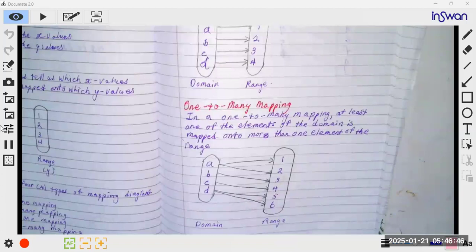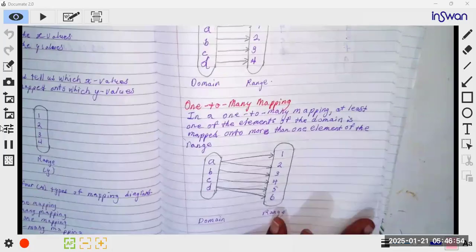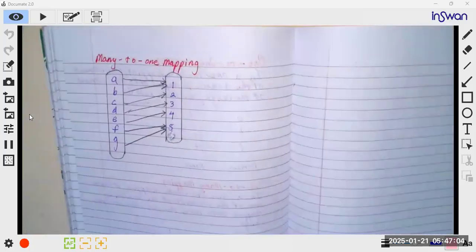All right, so now we can proceed on to many-to-one mapping. This is how we will describe a many-to-one mapping.